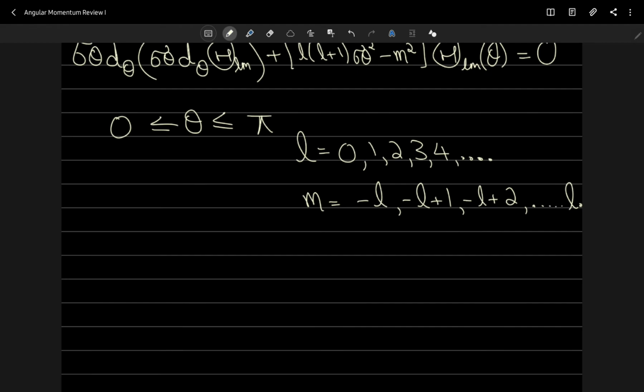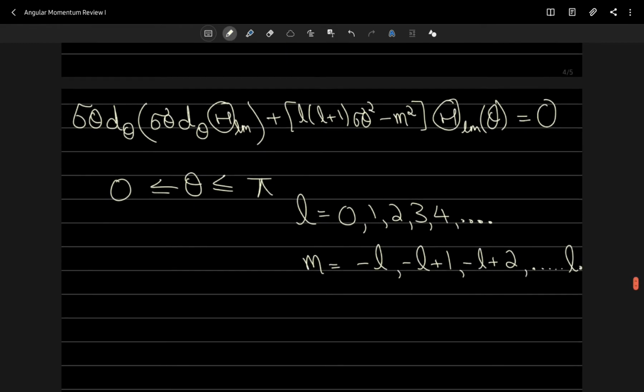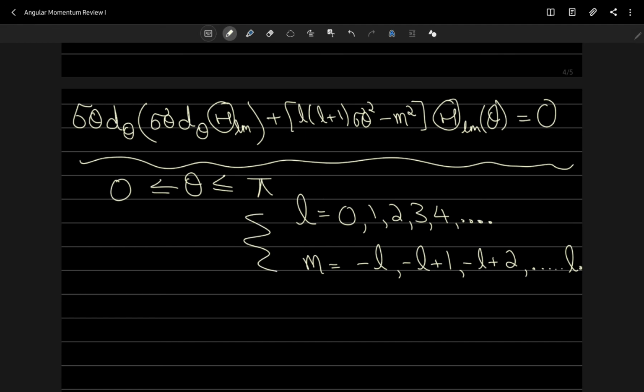So the only physically acceptable solutions of this equation exist when this is true.